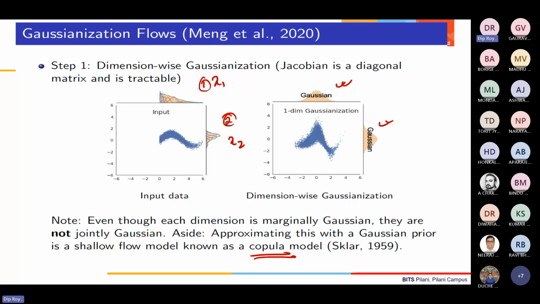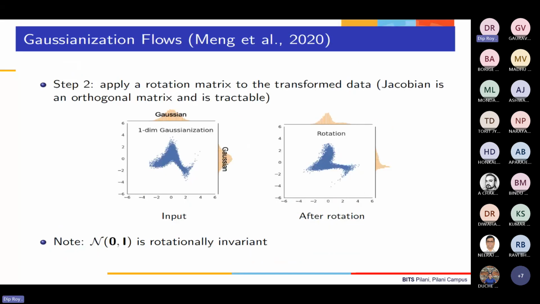Now this is step one. In step two, you apply a transformation like a PCA. You don't have to use PCA here, but I want to emphasize PCA because that will give you the true picture. What did PCA do?